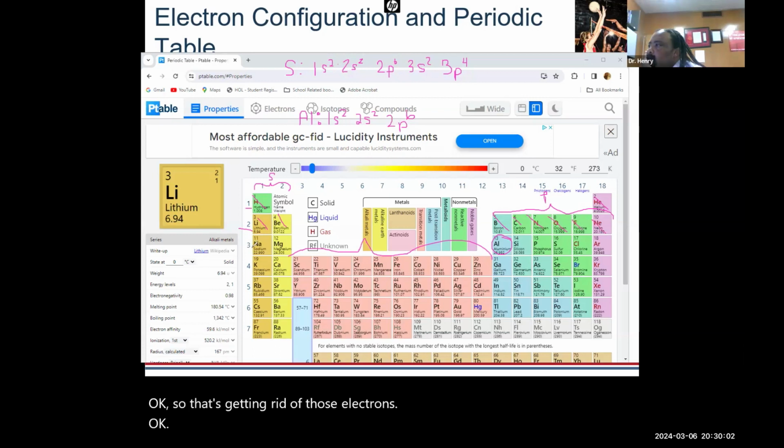It'll be 3s2. That's right. And then this last one for aluminum. And then is it 3p1? That's correct. Okay. And that's how you do it.